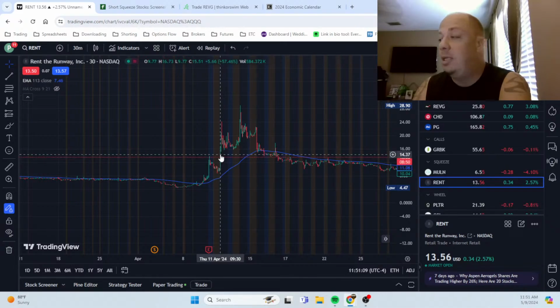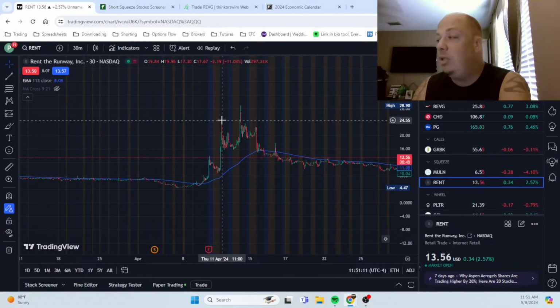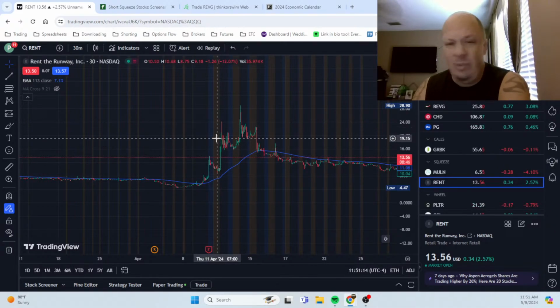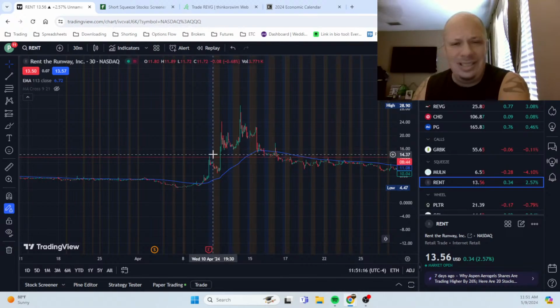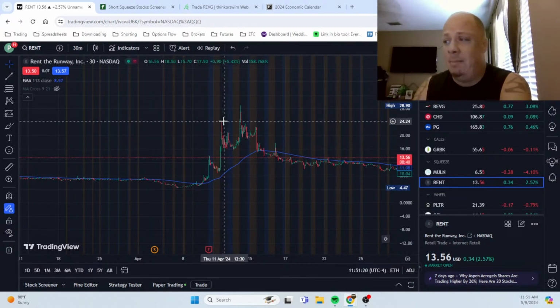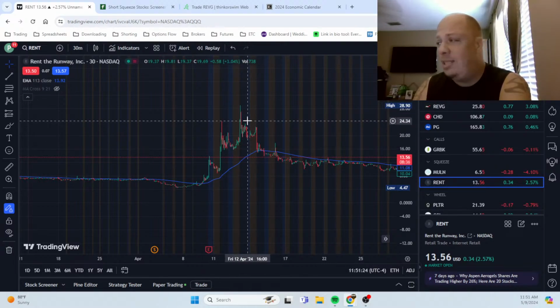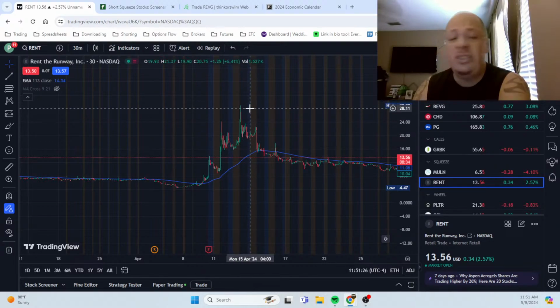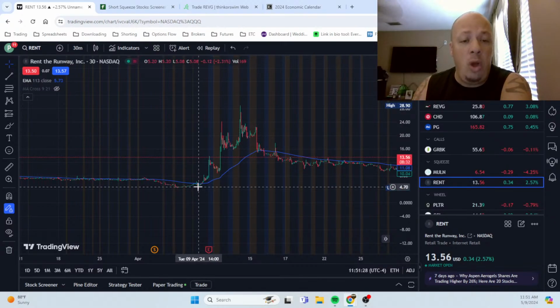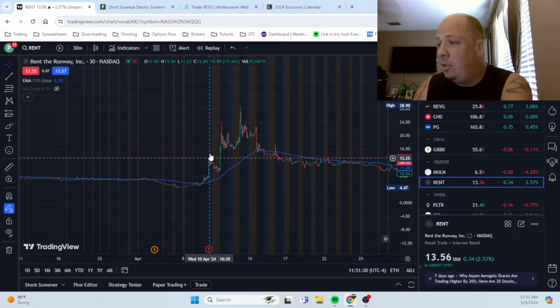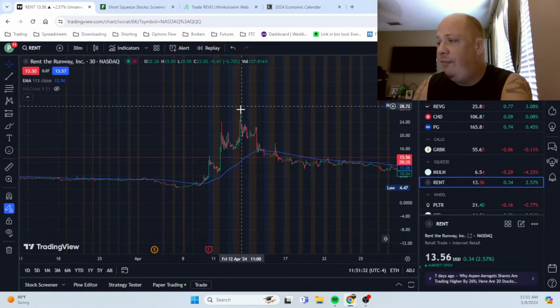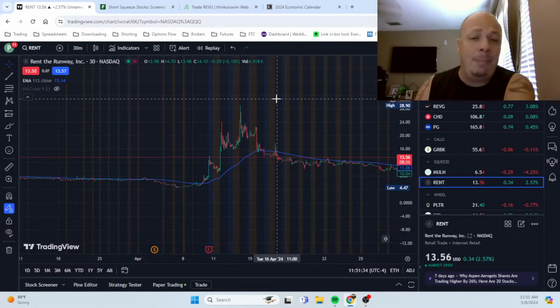Then it breaks $14 and runs all the way up to $24. It wasn't done. It almost doubled again. Again, you could have made that money. And then what happens? It pulls back, and then it breaks 24 and heads all the way up to almost 30. So in this one squeeze, there were one, two, three, four options to absolutely kill it.